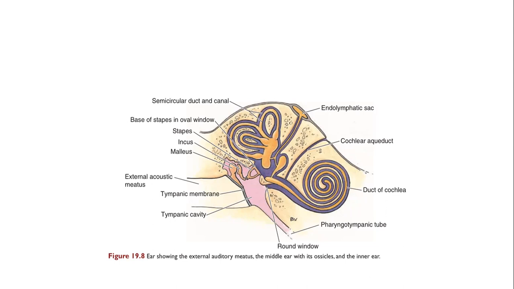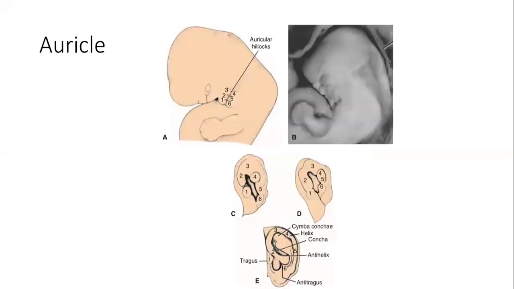So if we talk about the auricle of the ear, the auricle is developed from mesenchymal proliferation at the dorsal ends of the first and second pharyngeal arches surrounding the first pharyngeal cleft.